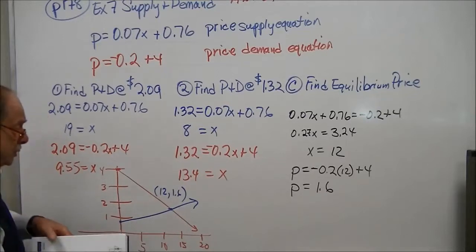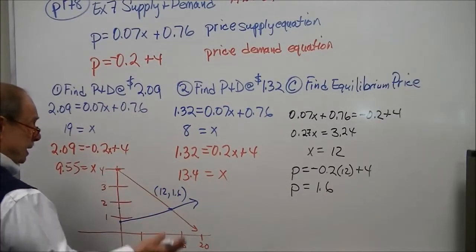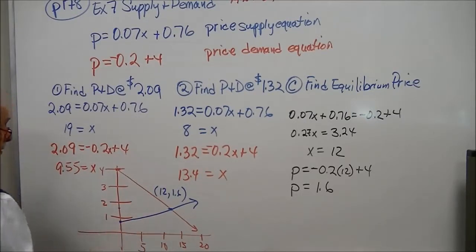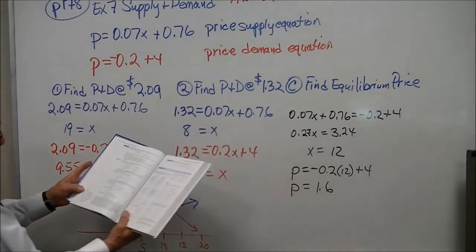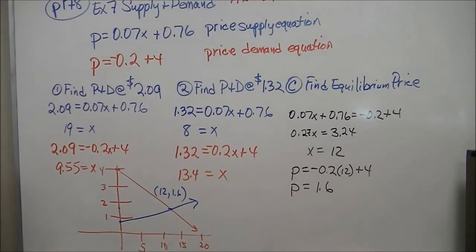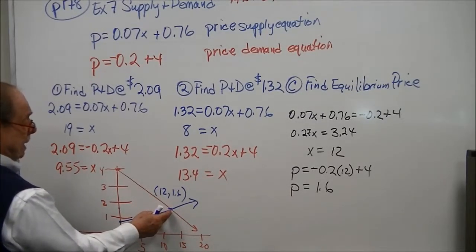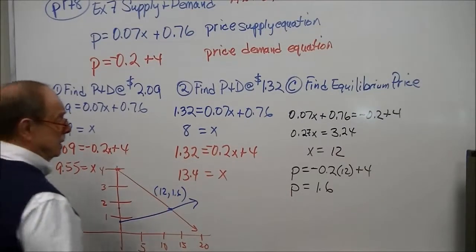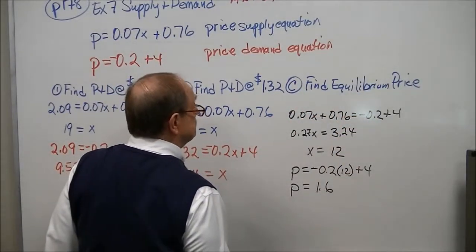Now, these are ordered pairs, and if I put those ordered pairs on a graph, I'd get a graph that looks like this, and this is done very well in your textbook right there, figure 4. And you see they do intersect at a point, and we call this point the equilibrium, which is to find the equilibrium of price.